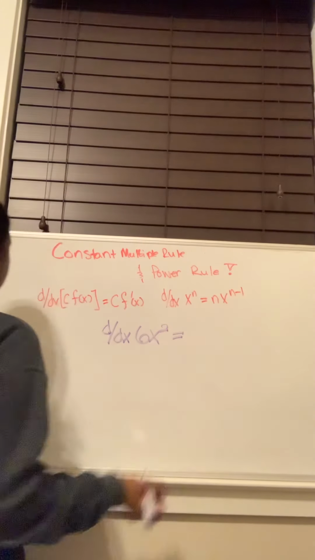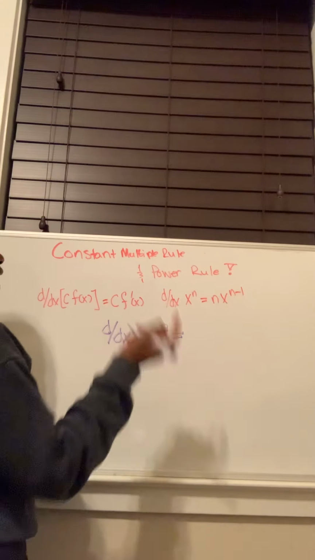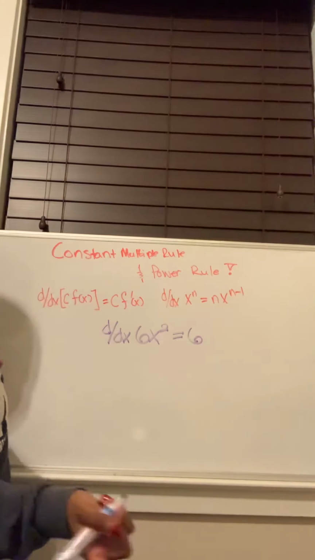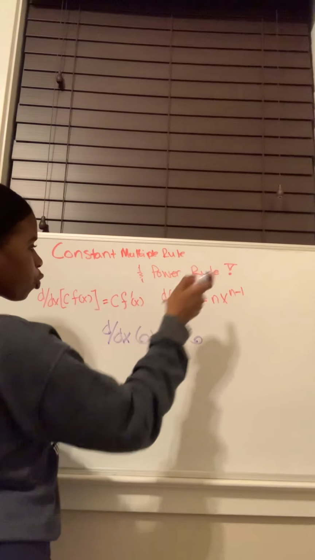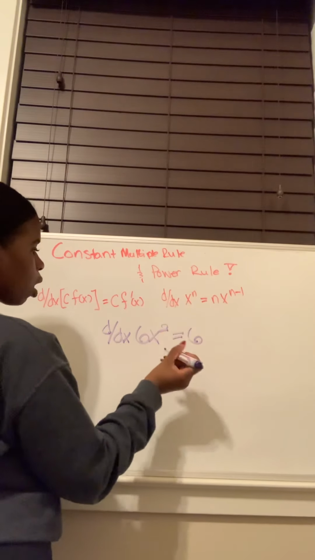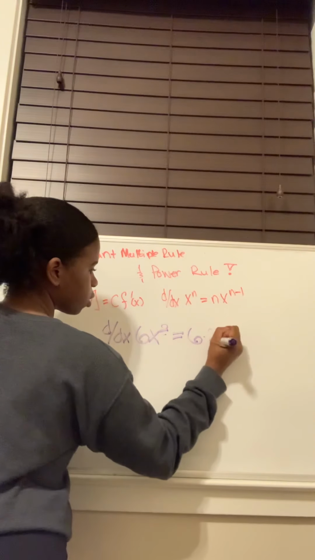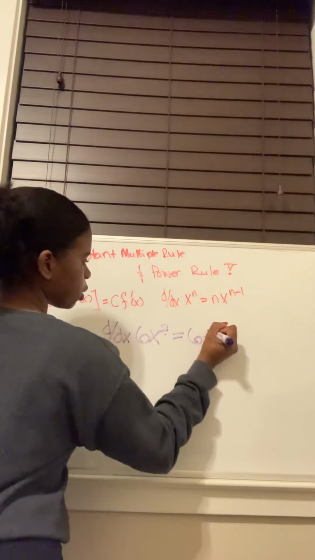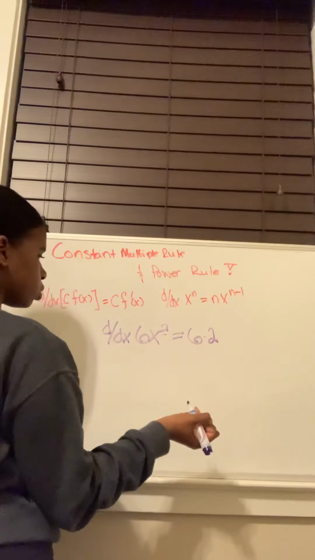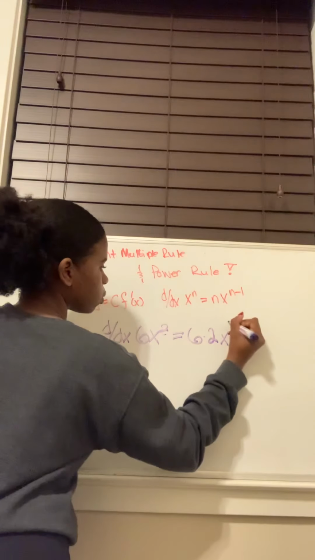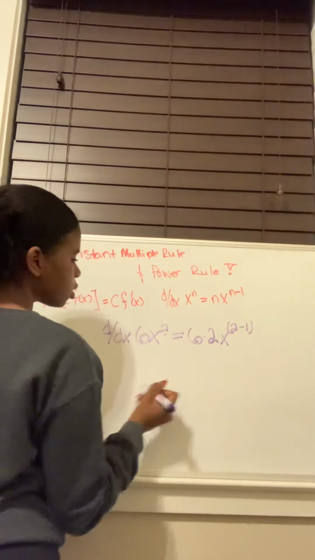Well, according to the constant multiple rule, this 6 is just going to come along for the ride. Boom. Then we're going to do the power rule. Okay, well, 2 is the n. So we're bringing 2 down in the front. I hope you can see this. And we're taking x. And then we're doing 2 minus 1.